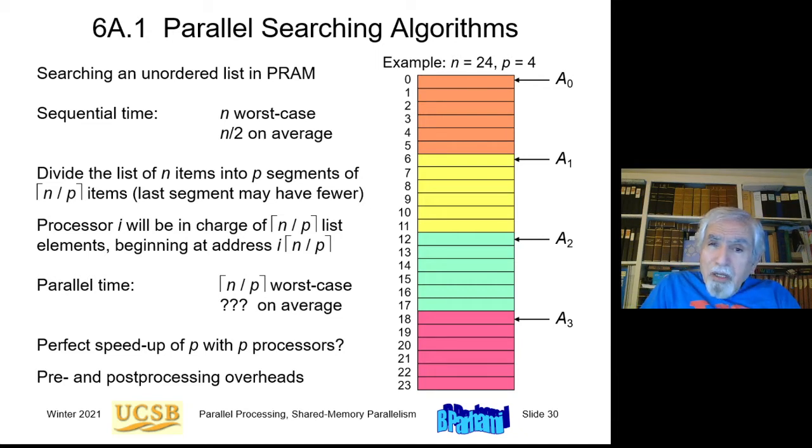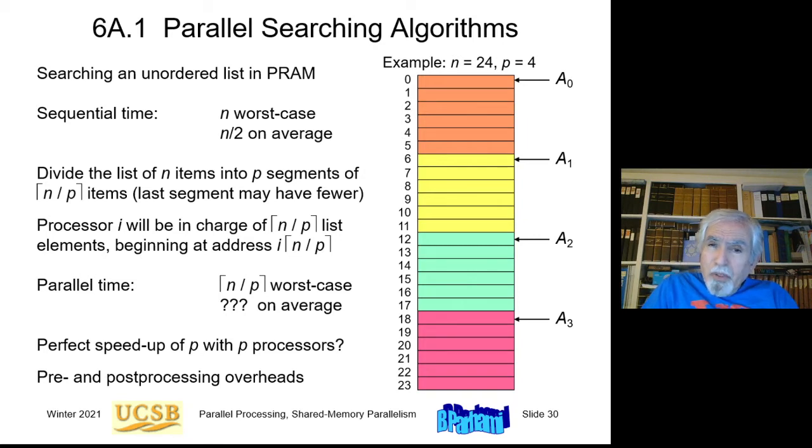So if the list is unordered, in order to search it, on a sequential computer, we basically have to scan the list looking for the item of interest. If we are lucky, we find the item early in the list, and we basically stop early. If we are unlucky, we go all the way to the end of the list and find it maybe as the last element of the list, or maybe not in the list at all.